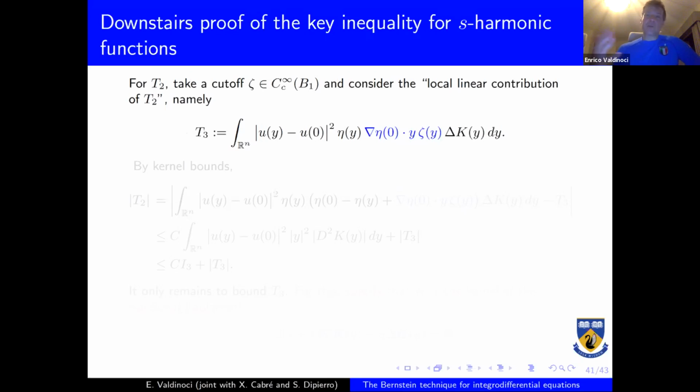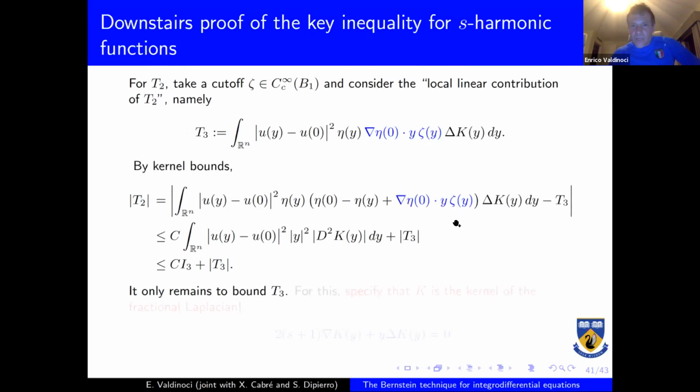So I will now have to estimate not only T2, but also T3, which takes into account the part near the origin. The part outside will be controlled by I3, and so I'm fine. But then I have a new T3 that has to be bounded.